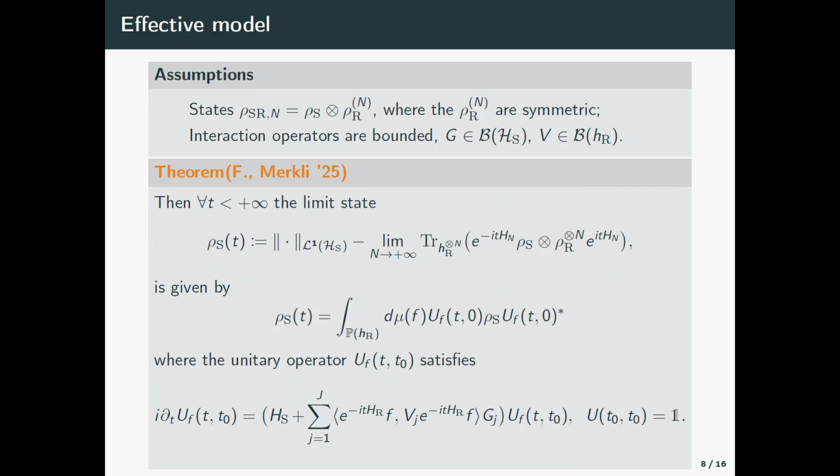Our theorem basically states that one can prove convergence of this density matrix to an average over unitary evolutions, which are time dependent and depend on a parameter f, which comes from the decomposition of the original consistent density matrix we are considering.